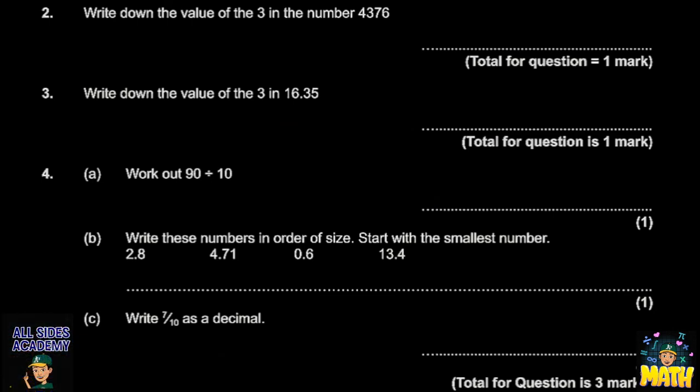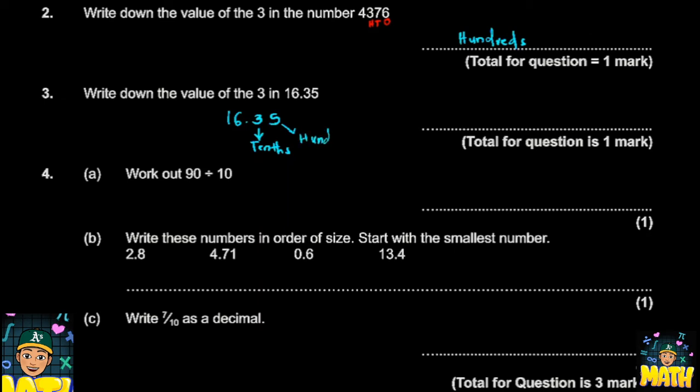Write down the value of 3 in the number 4,376. Please take note of this. When you're writing the value, you have to write 300. The same applies to the second question: the value of 3, the place value there is tenths, with a th after the decimal.